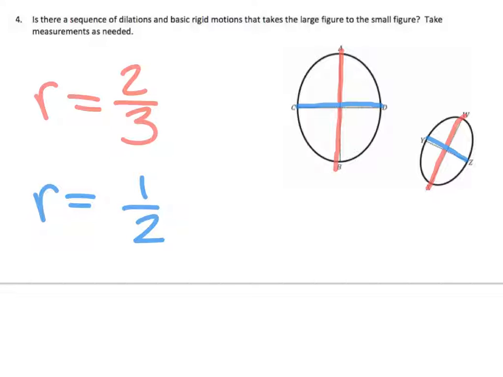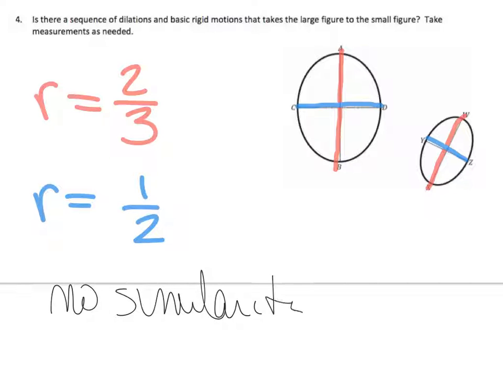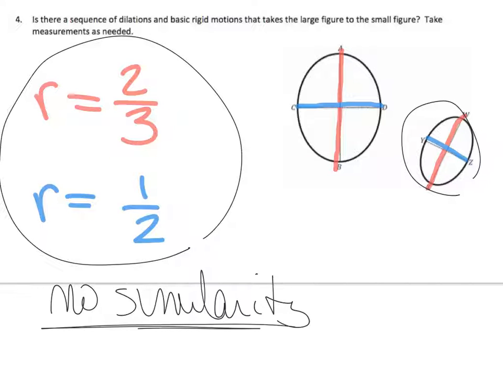So again, with this example, we have no similarity. And we're not deciding this just by looks. I mean, this one does look a little bit skinnier. We're actually deciding it by measurements. The scale factor needs to be the same.